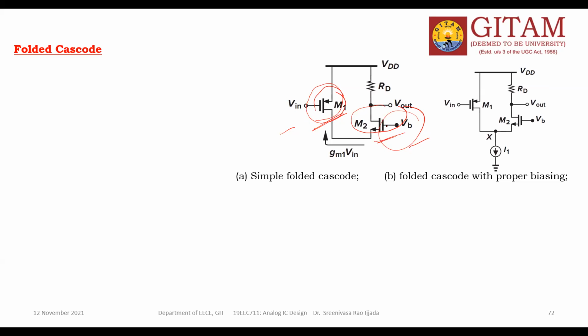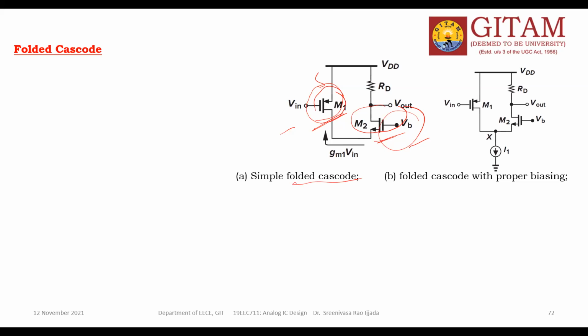So you can connect like this. The source of PMOS is always connected to VDD. Source of NMOS is always connected to ground. So this is called the folded version. The simple folded cascode is this one, the first picture.